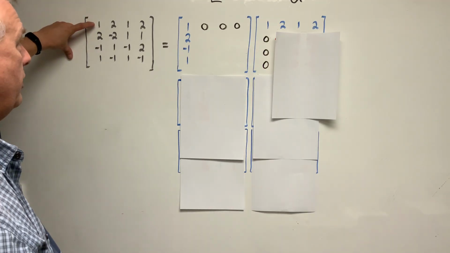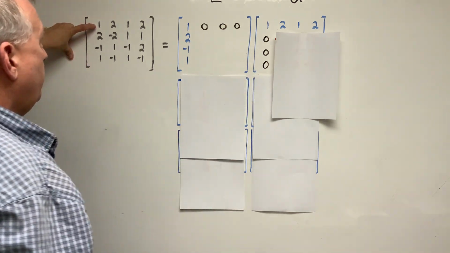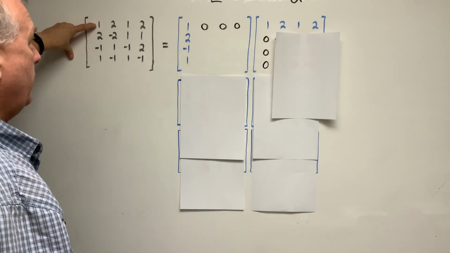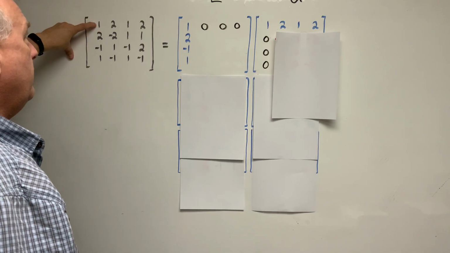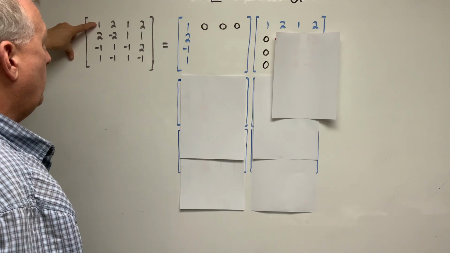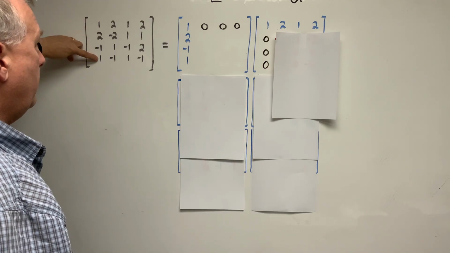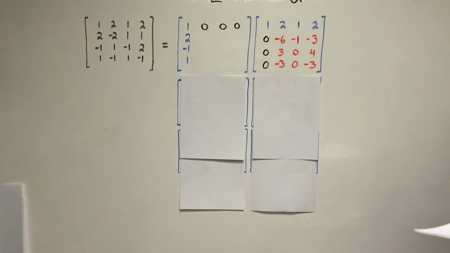Now I'm going to do the elementary row operations that would create these 3 zeros. Multiply row 1 by minus 2 and add it to row 2, multiply row 1 by 1 and add it to row 3, multiply row 1 by minus 1 and add it to row 4. When I do that, this is the result.